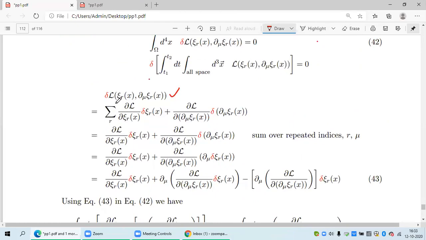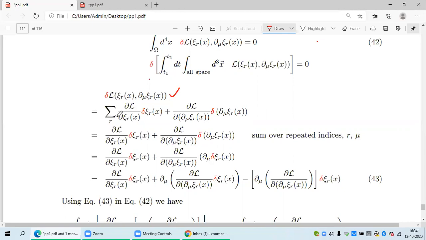See, now r is a discrete parameter. For the electromagnetic field, it is phi and the three A's, so 4. For other fields, it may be other things. But if r is a discrete parameter, then this will be a summation over r, because r plays the role of i, more or less.